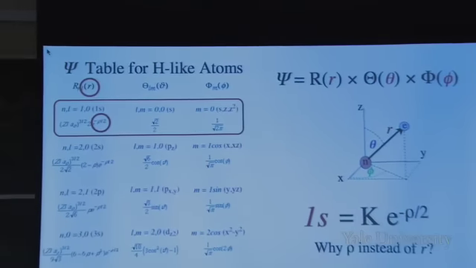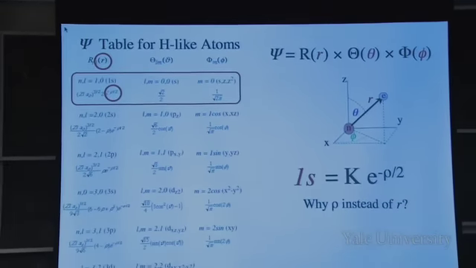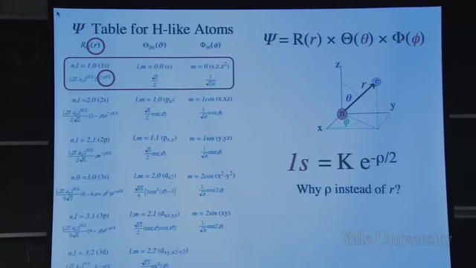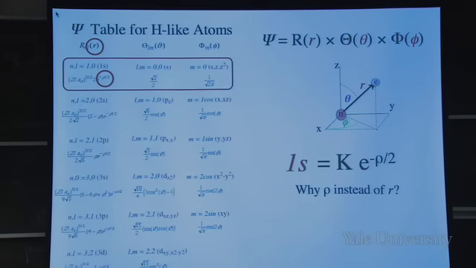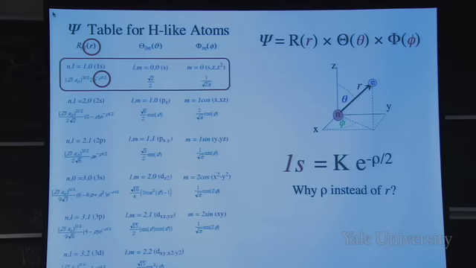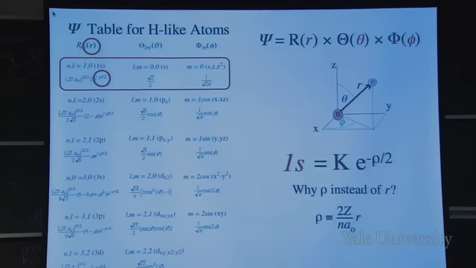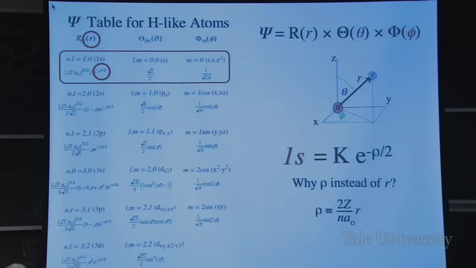Now, there's something interesting. So, there are two things that are interesting here. One, we wanted to get a function of r, theta, and phi, but we don't have r in it, right? We have rho instead. Why do we substitute r by rho? There's a good reason for that. Rho, which is indeed the Greek version of r, is defined as r times a constant.